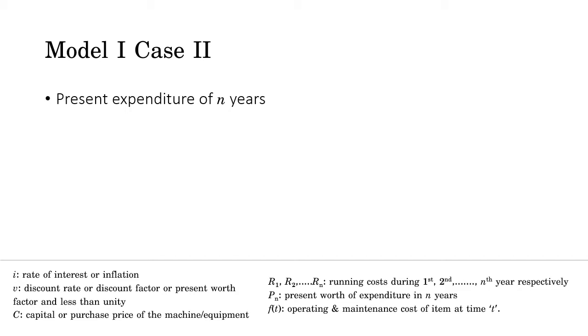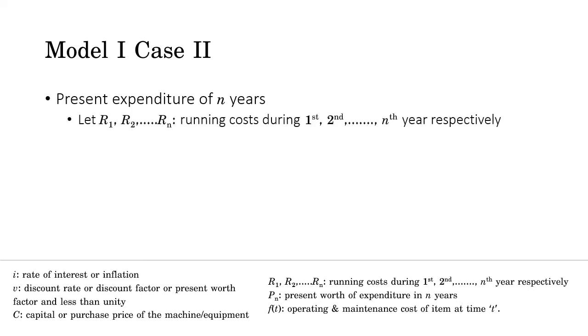So the company wants to know the present expenditure of money spent on the machine over the next 4 years, 5 years, and so on. How is this present expenditure on the machine calculated?